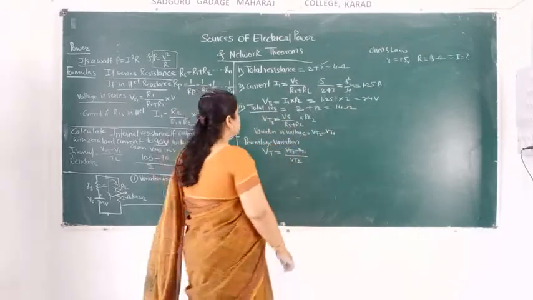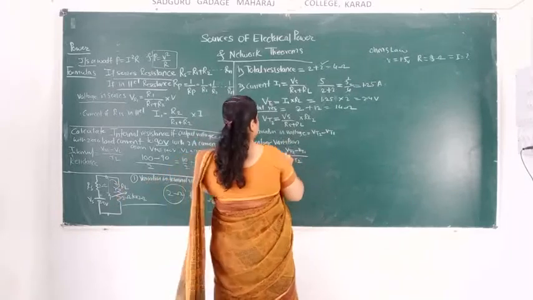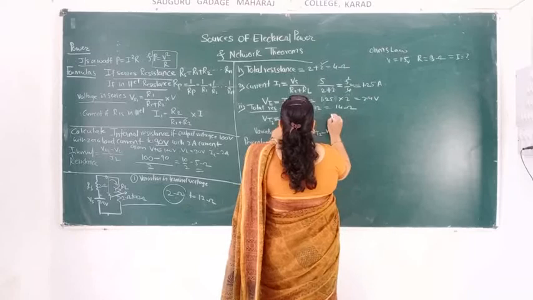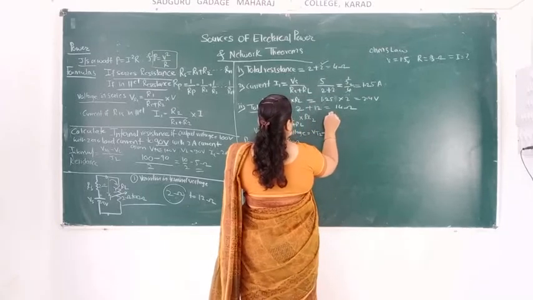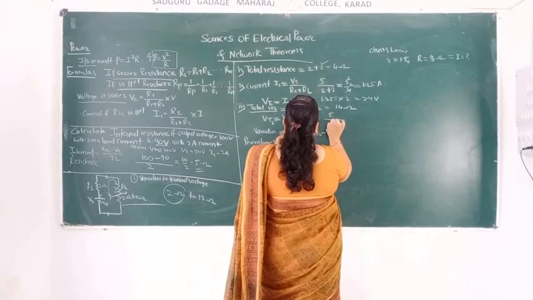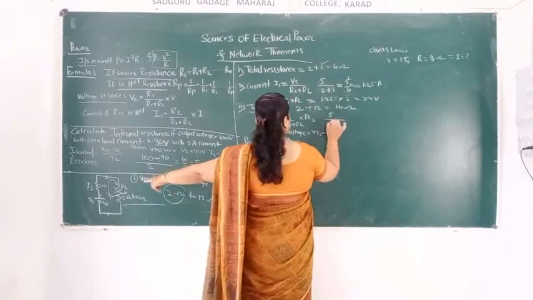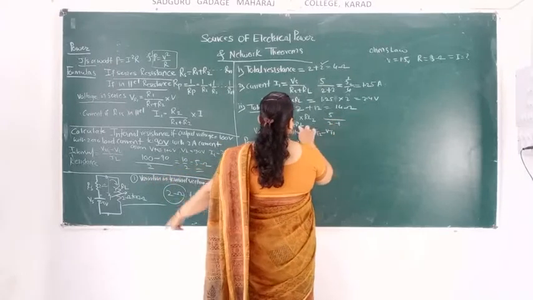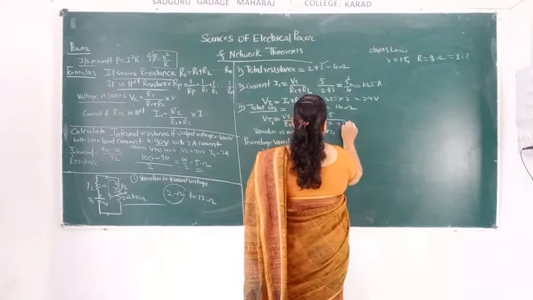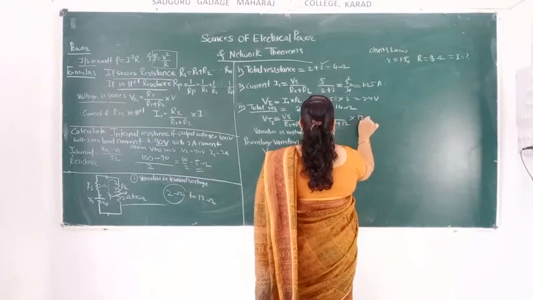Okay, then the second terminal voltage, Vt2, we have to find out here. Vs given is 5 volt upon Rs given is 2 ohm plus RL given here is 12, into 12.